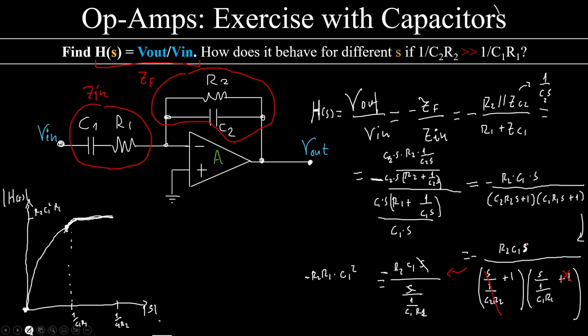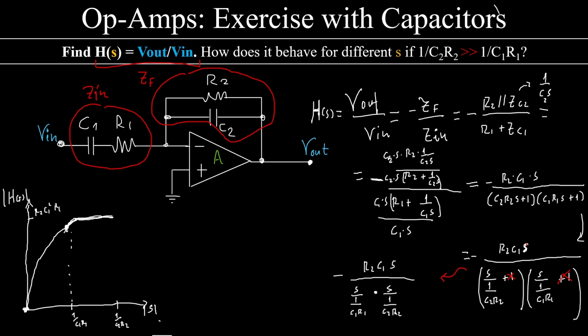So let me erase again. Now this frequency comes close to this, and then becomes 10 times at least higher than this. So this term completely overwhelms this plus 1, very soon, 10 or 100 times higher frequency. Again, like previously, this whole term overwhelms this plus 1, and this whole expression reduces now to this. Now I can simplify the frequencies.